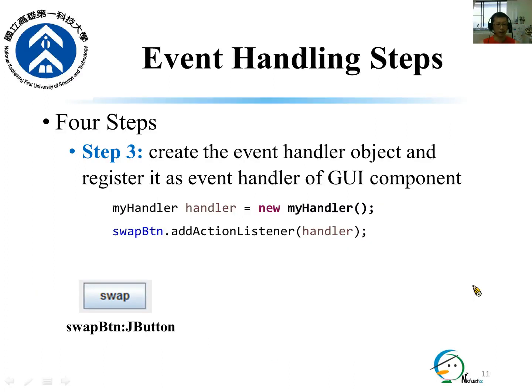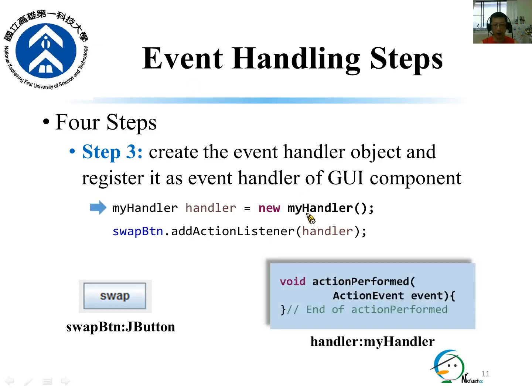The next step is to create the event handler object and register it as the event handler of the GUI component. This can generally be done by the following 2 instructions. The first instruction is to create an object of the myHandler class.